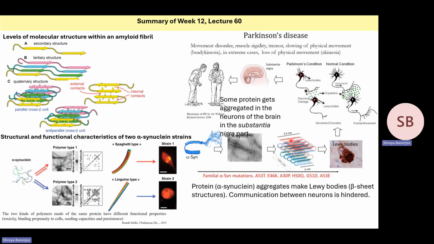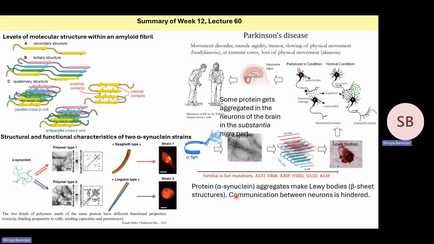And whenever this kind of beta sheet aggregate is formed, the communication between neurons of the brain is hindered. Suppose you have normal neurons where one neuron is easily conducting the nerve signal to the next neuron.